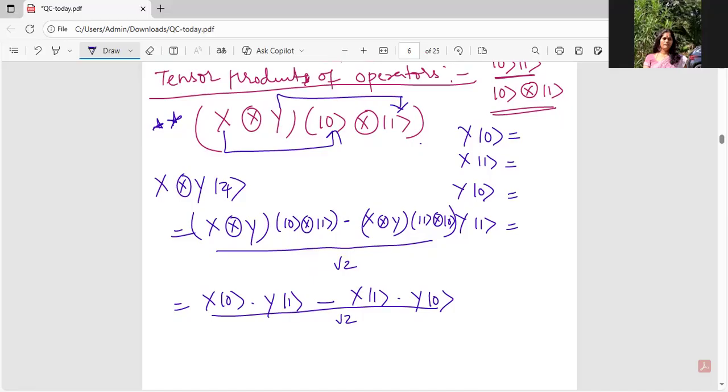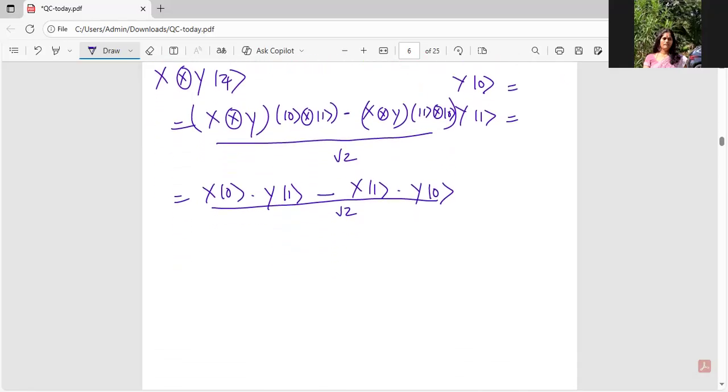So X on ket 0 flips ket 0 to ket 1, guys.